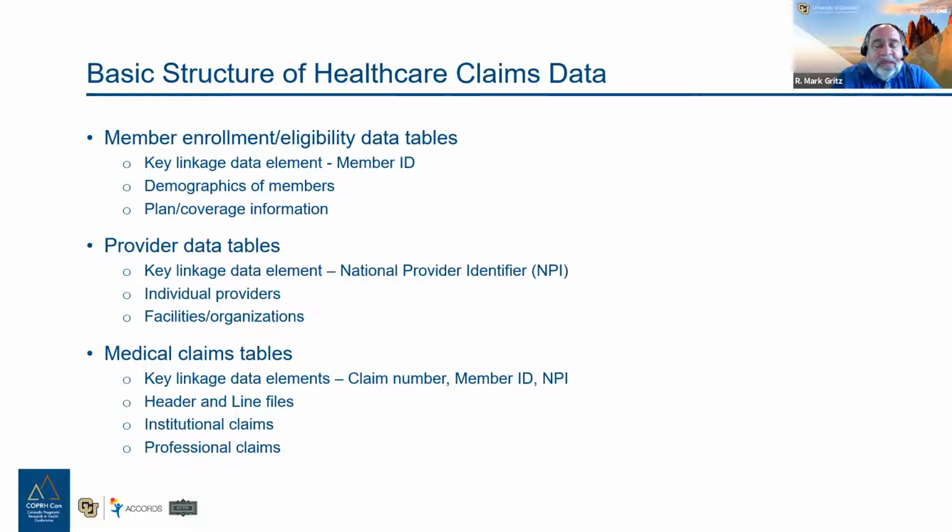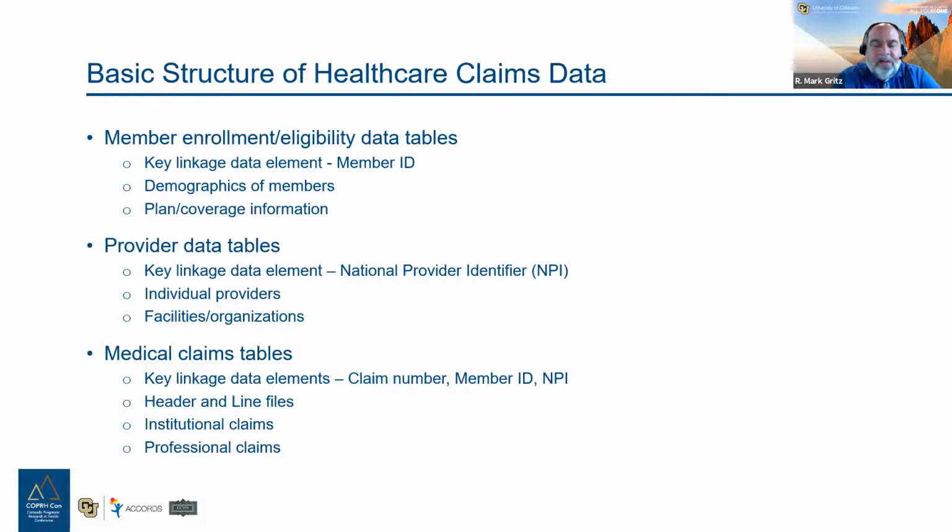There are generally two types of claims that are in medical claims tables. There are institutional claims. These are generally used for hospitals, but they are also used by federally qualified health centers, because the way that FQHCs are paid is more of a prospective payment system rather than a strict fee-for-service payment system.